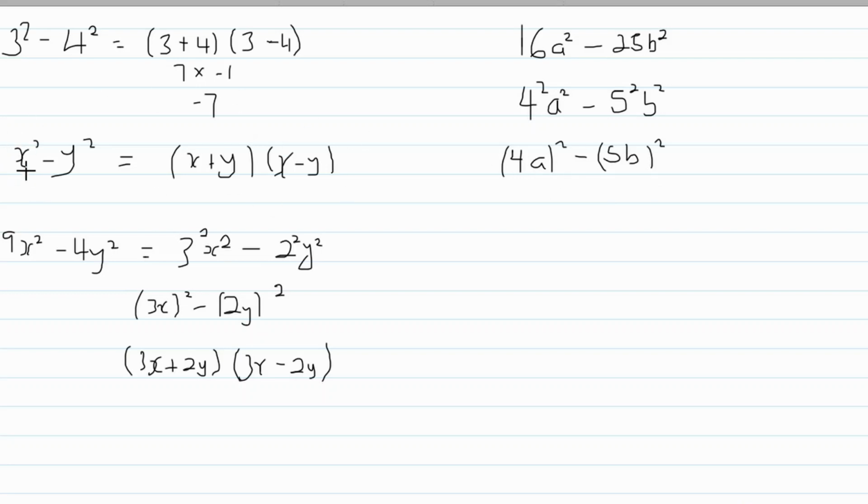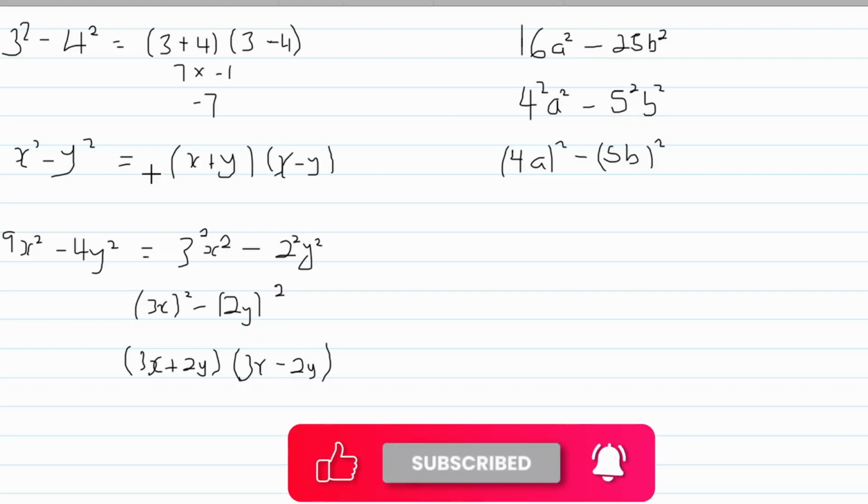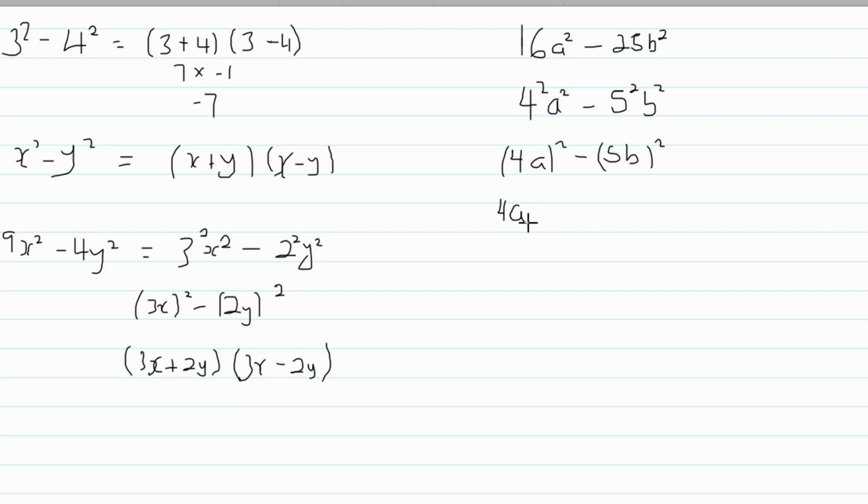So the whole expression, if you compare it to x squared minus y squared, 4a is now acting as x and 5b is acting as y. So we can write this as (4a minus 5b) in a bracket. Now open another bracket, 4a plus 5b.